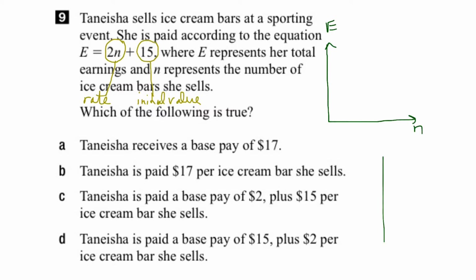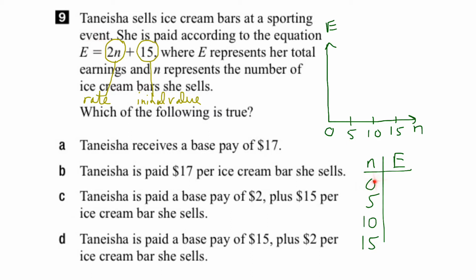We could also make a table of values where N and E are columns. So let's say she starts at 0 and maybe sells 5, 10, 15 ice cream bars. We can put that down here in the left-hand column. And if we substitute each of these n's into the equation, let's see what her earnings would be.